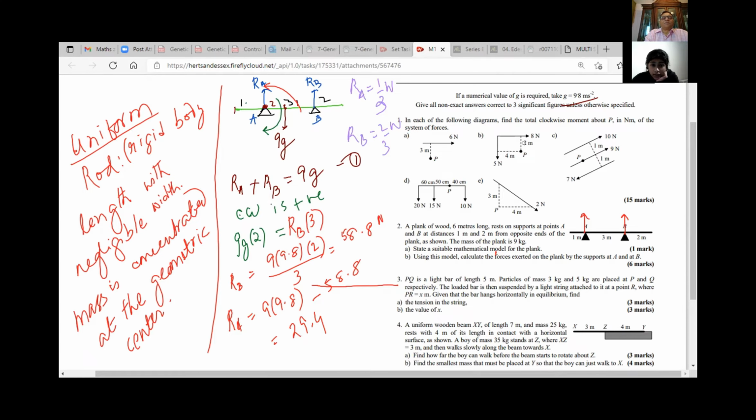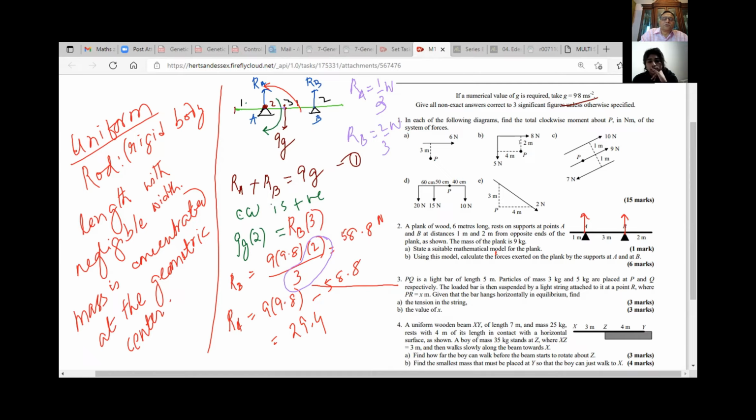Yeah, because this was 1 unit away. If you see from the center, 2 positions, correct? So 2/3 of 9 times 9.8 is RB, right? More than that at RA, right?